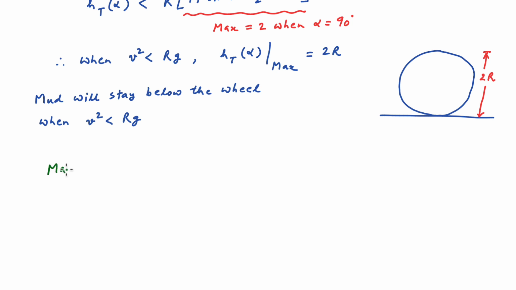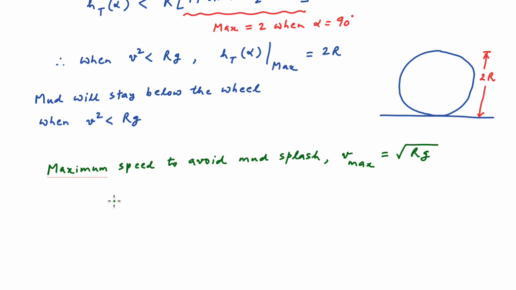And this gives us the answer for the maximum speed of the carriage so that it can avoid splashing the mud above the wheel. This V max is equal to the square root of Rg.